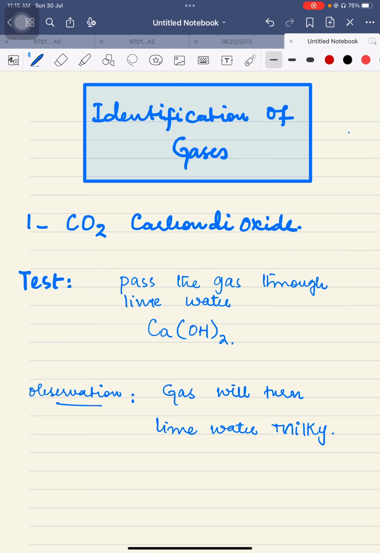I'm going to change the board so that you may be aware of the next type of gases and their tests. Test number 2 is related to ammonia. Now, what is the test for ammonia?